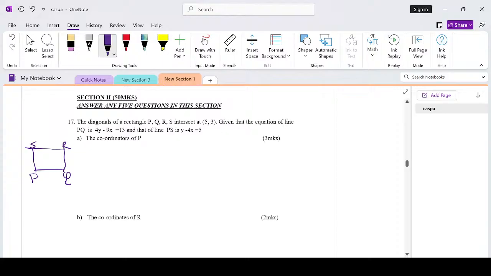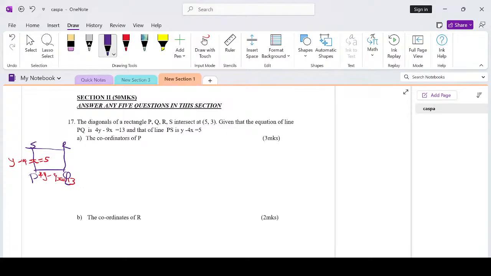Line PQ is 4y minus 9x equals 13, and PS is y minus 4x equals 5. So we need to get the coordinates of point P.